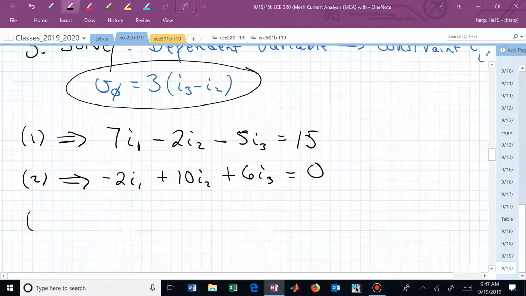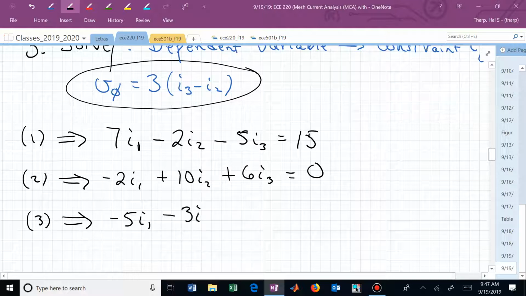And finally, equation 3 will produce minus 5I1 minus 3I sub 2 plus 9I sub 3 is equal to 10.